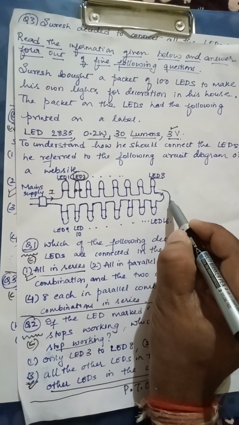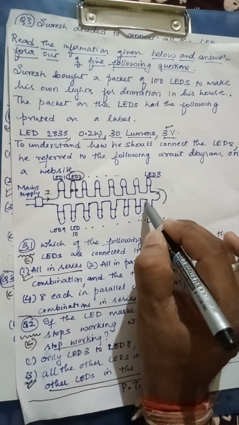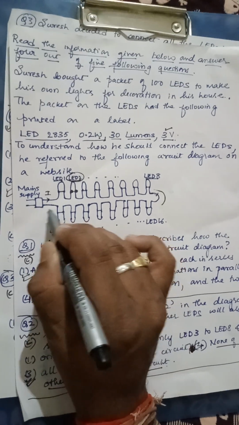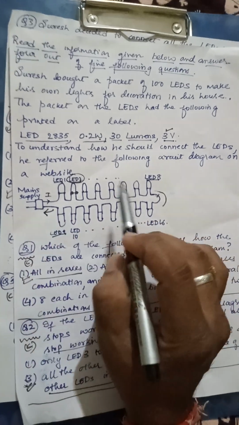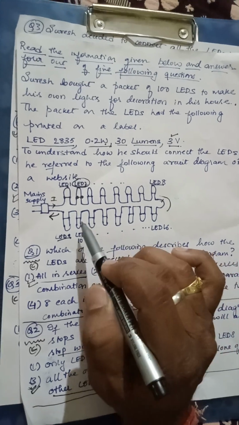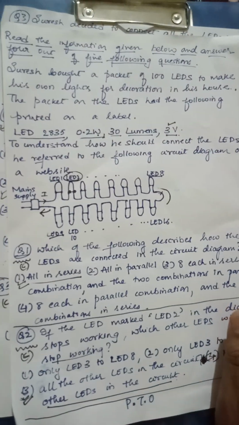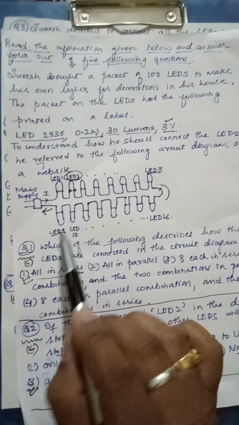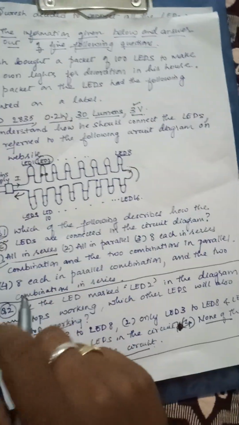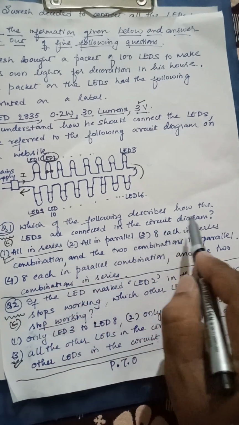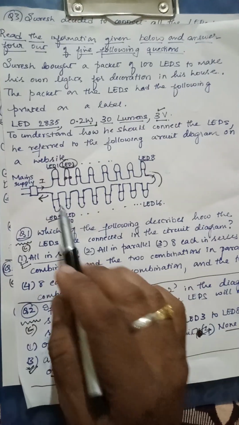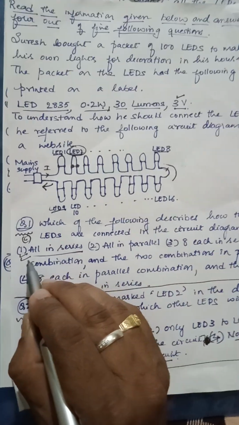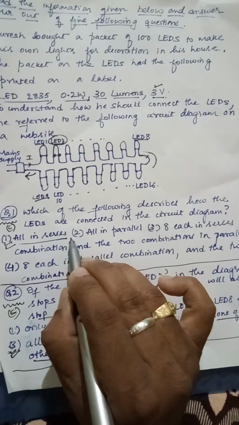So the same current I will flow through LED16, LED15, and so on up to LED9, and then it goes back to the main supply. So through all the LEDs, the same current is flowing. We know that current remains constant whenever the devices or resistors are connected in series. Based on that, all the 16 LEDs in this figure are connected in series. So the correct option is all in series.